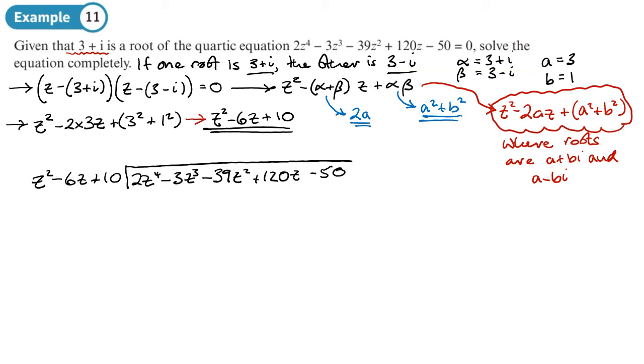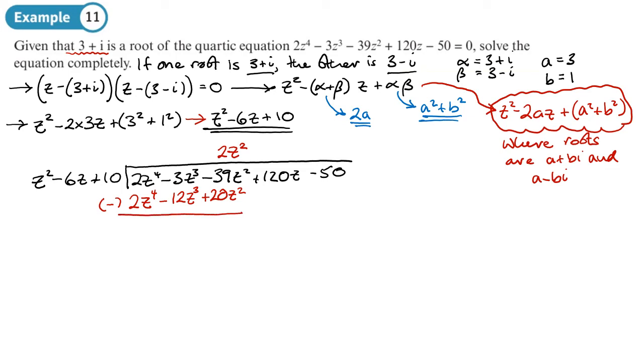So here we go. z squared goes into 2z to the power 4, 2z squared times, so 2z squared. Multiply that by the divisor, so that becomes 2z^4 minus 12z cubed plus 20z squared. Now subtract.